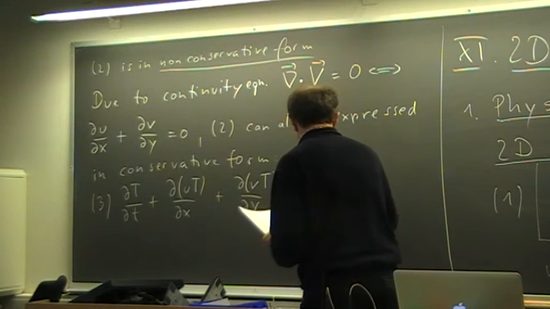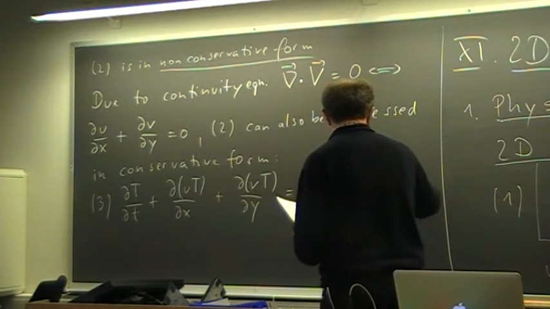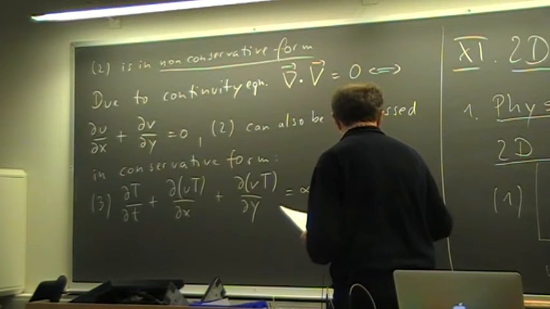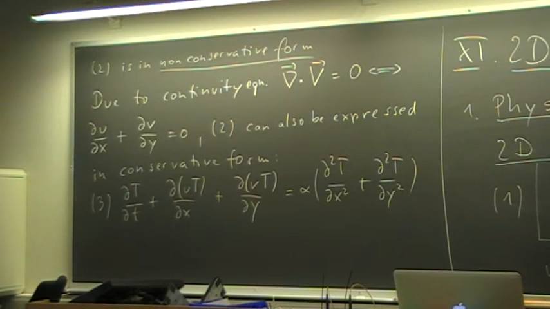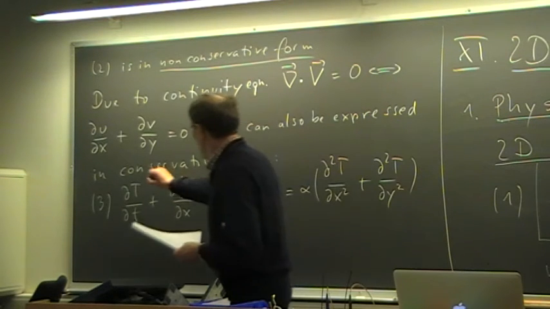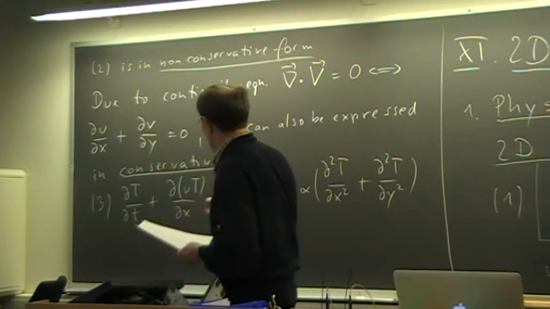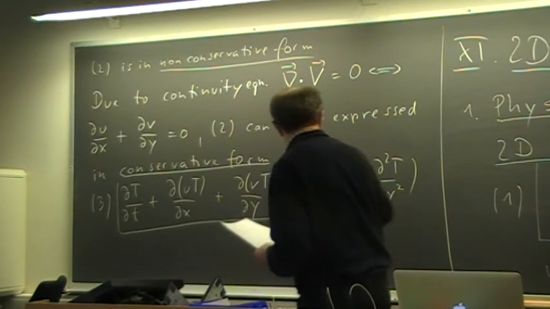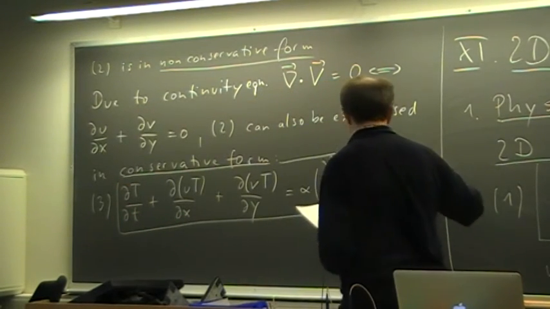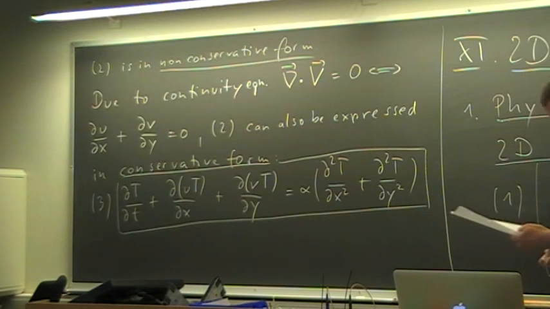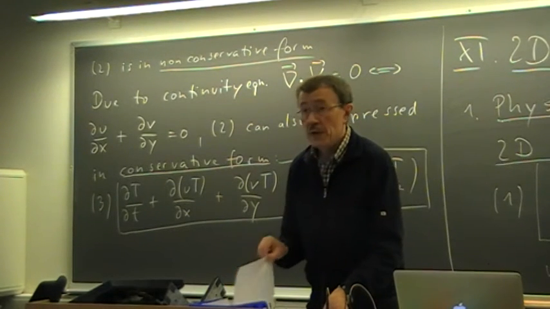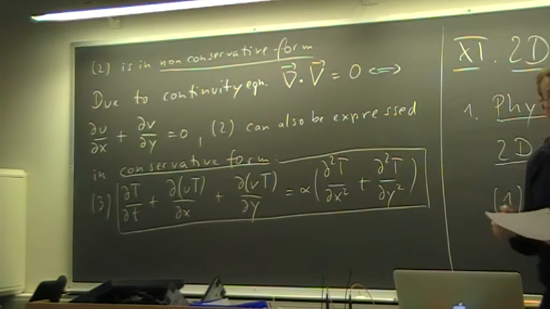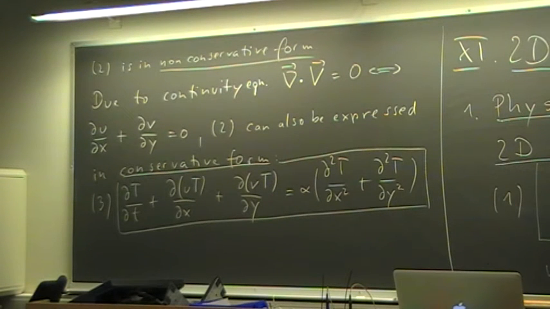Second x and second y derivatives. So the form that we have here is then the conservative form. So that is an example for heat transfer, which is frequently used.